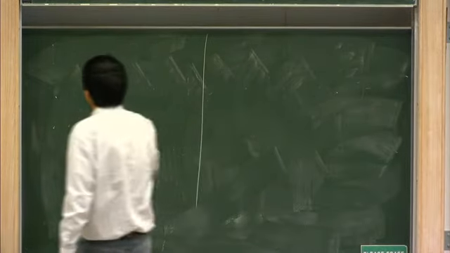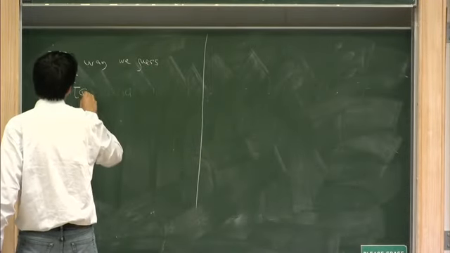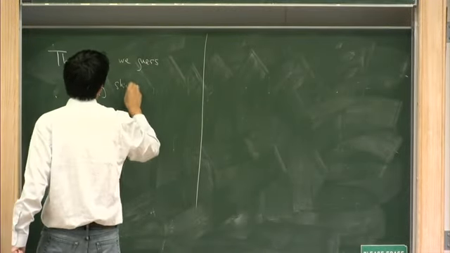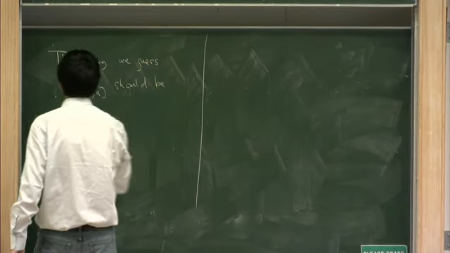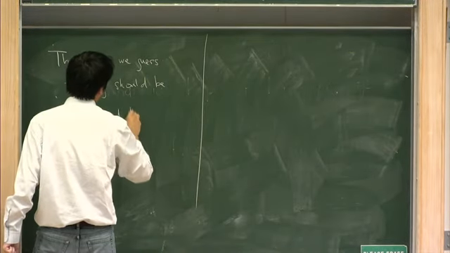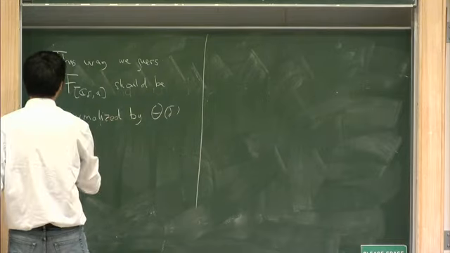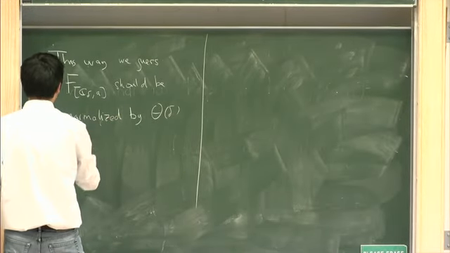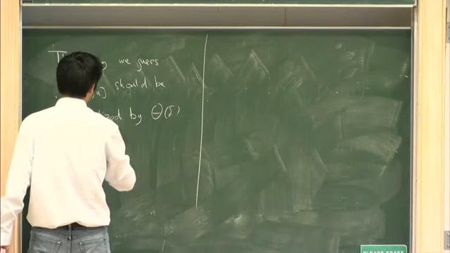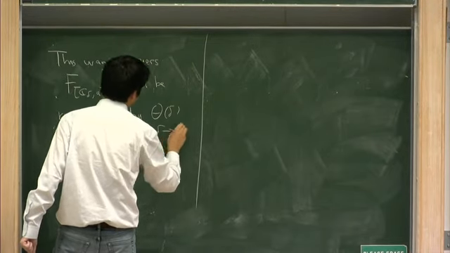So this way, we guess C delta A should be renormalized by a function theta delta, with theta delta behaving like 1 over the square root of delta as delta goes to 0.